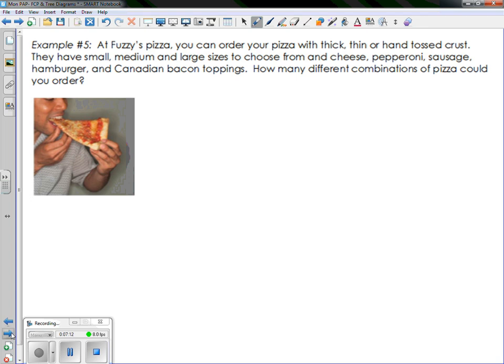All right, Fuzzy's Pizza, you can order your pizza with thick, thin, or hand-tossed crust. They have small, medium, and large sizes to choose from: cheese, pepperoni, sausage, hamburger, Canadian bacon. How many different combinations of pizza can you order? Well, first of all, we know we have 3 types of crust. Then we have 3 sizes.